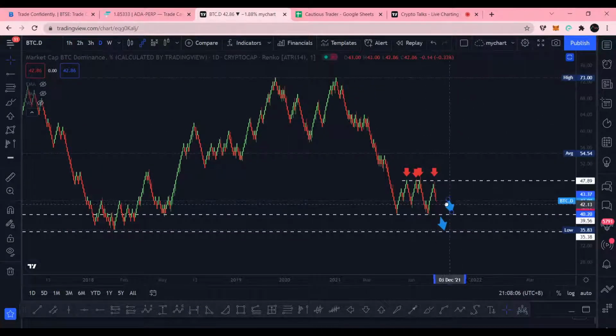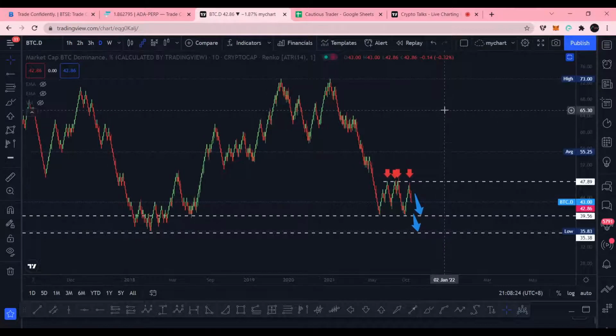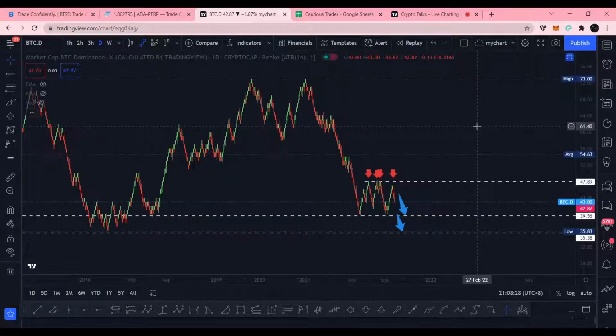So if it goes to this support area, we'll still see more altcoins rallying. And of course, worst case, if it retests the 35%, that mostly favors altcoins, but not BTC.